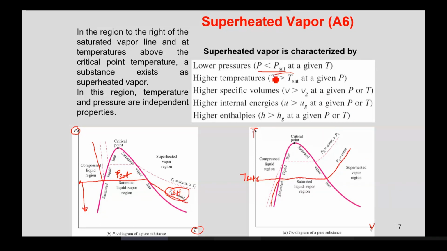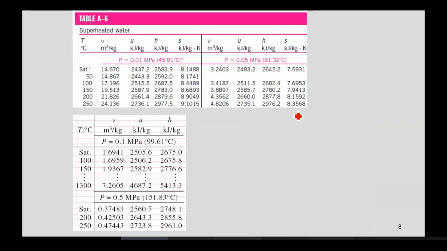Similarly, if you have temperatures greater than T saturation for a constant pressure line, you are essentially in the superheated region. Similarly, if your properties such as specific volume, internal energy, and enthalpy are greater than Vg, Ug, and Hg for a specific pressure or temperature, you are essentially in the superheated region. These five characteristics help you identify the region of your system.